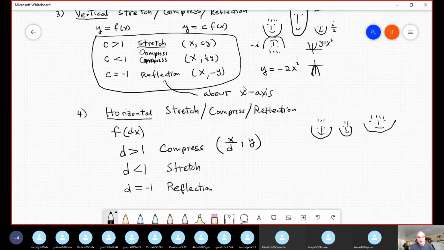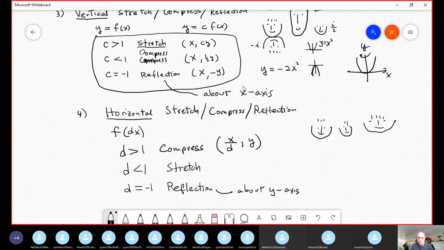In this case, about the y axis. Well, the parabola is not a good example to illustrate this transformation, because when you apply reflection about the y-axis, the parabola stays the same.